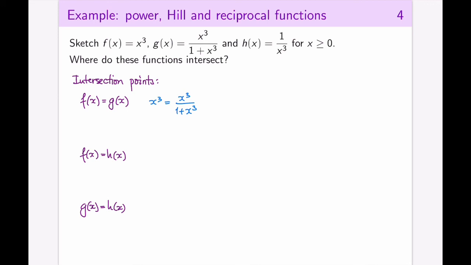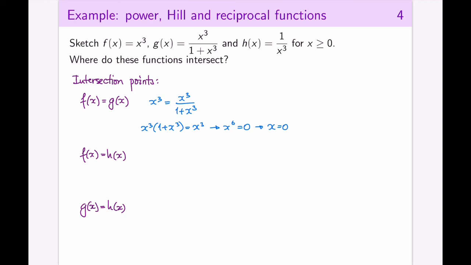So if I cross multiply, what's going to happen? I'm going to have x cubed times 1 plus x cubed is equal to x cubed. If I expand the brackets, I am going to end up canceling a bunch of stuff. My next step is that x to the 6th is equal to 0, which leads me to the eventual solution that x is simply 0.